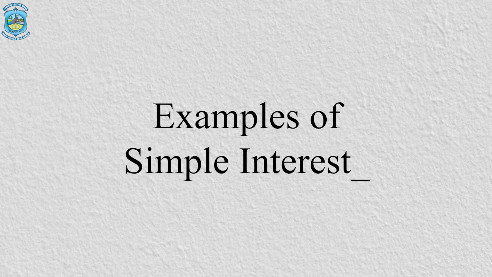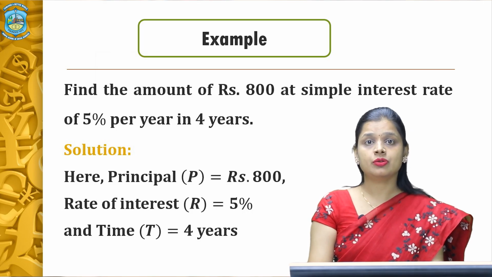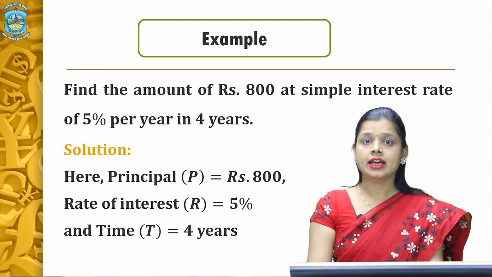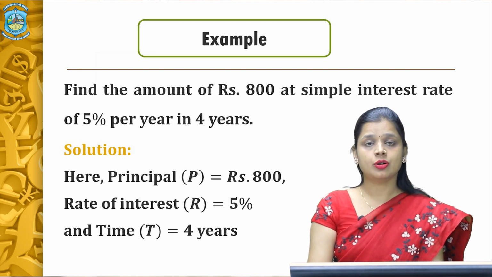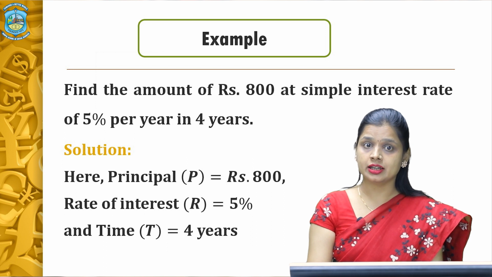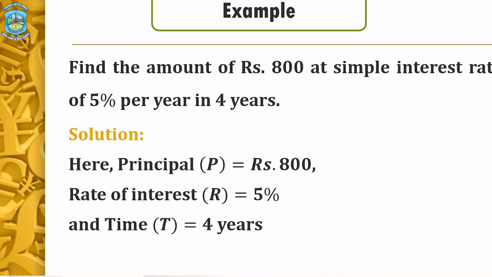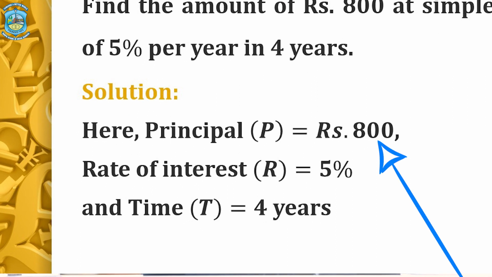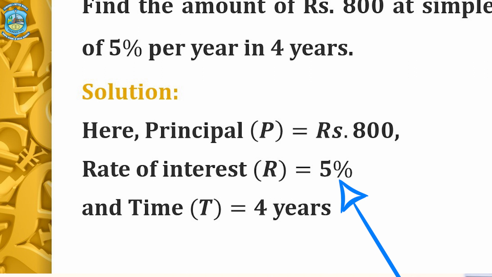Next we will see some examples for simple interest. First example: find the amount of rupees 800 at a simple interest rate of 5% per year in 4 years. In this example, principal is rupees 800, rate of interest is 5% and the time for which the amount is invested is 4 years.